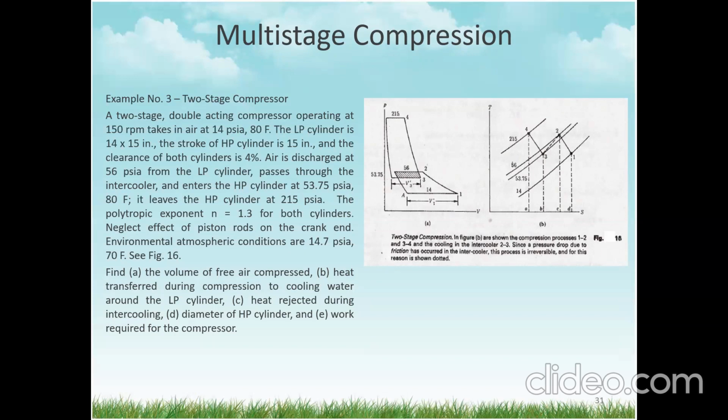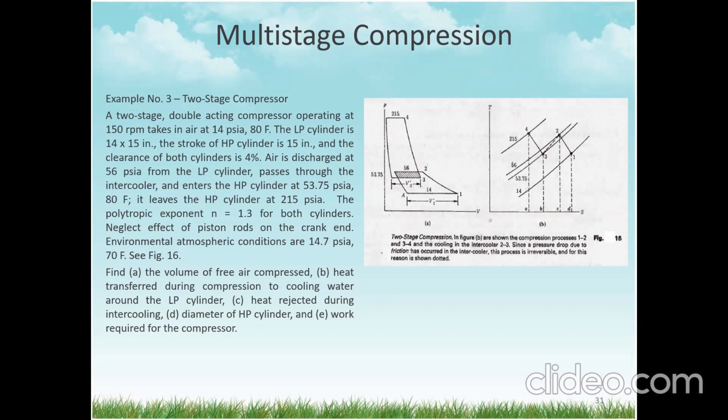Air is discharged at 56 psia from the LP cylinder, passes through the intercooler, and enters the HP cylinder at 53.75 psia and 80 Fahrenheit. It leaves the HP cylinder at 215 psi. The polytropic exponent n is 1.3 for both cylinders.